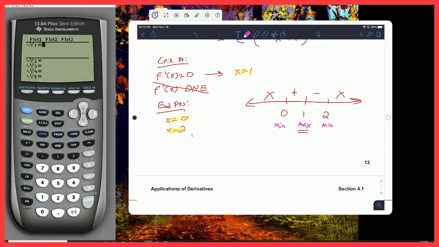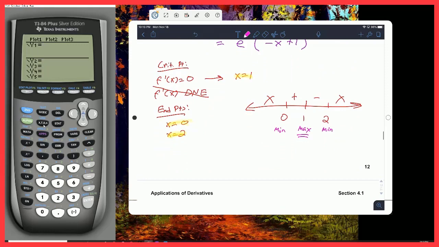So I'm going to plug in my original, x e to the negative x, and start at 0 going up by 1s, because I just need 0 and 2. So 0 gives y equals 0, and at 2, it's 0.270. I'm only considering those values. So that means that the absolute minimum winner is x equals 0.